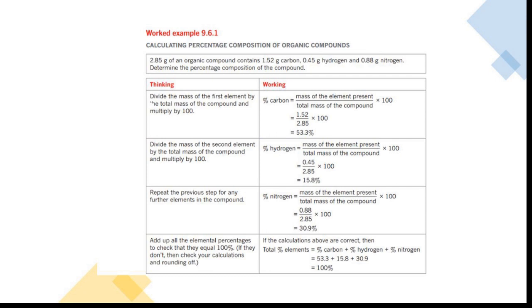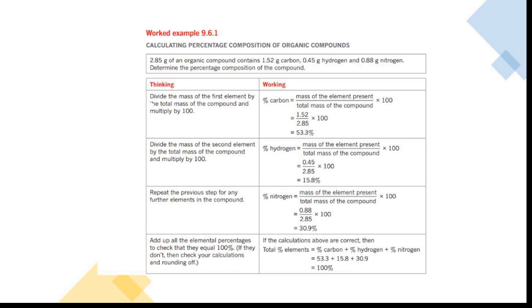For example, the percentage of carbon within the organic compound is 1.52 divided by 2.85 times 100. How we get 2.85 is the combination of all the elements within the organic compound: 1.52 plus 0.45 plus 0.88. So it comes up to 2.85 gram as the total mass of the compound.